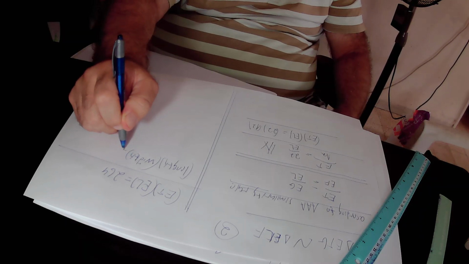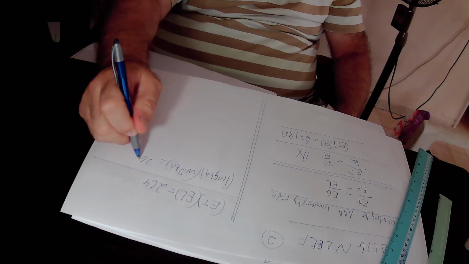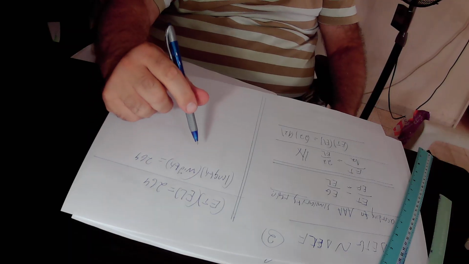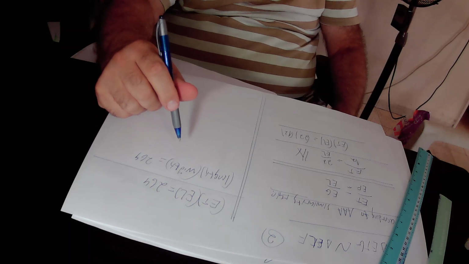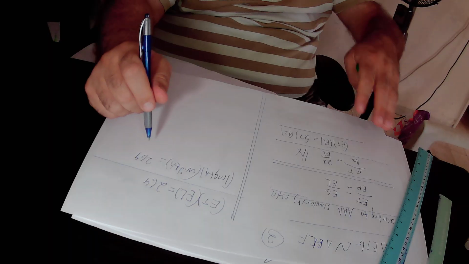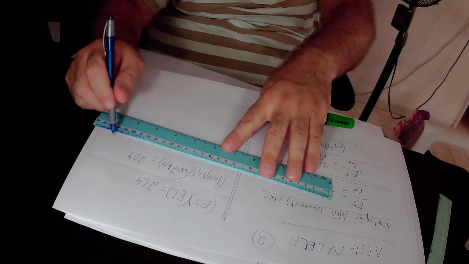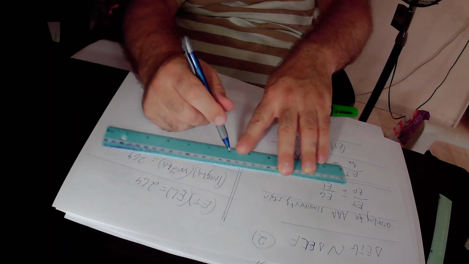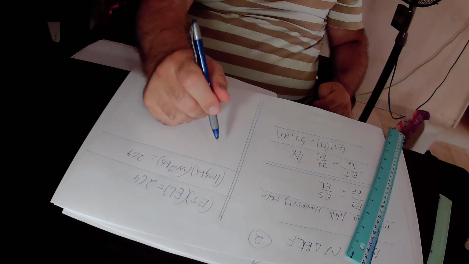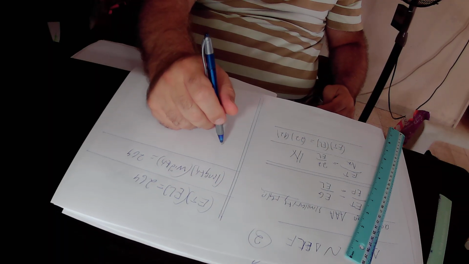And it is equal to 264. So in total, we found out that the length of rectangle ABCD times the width of rectangle ABCD is equal to 264 square units. The length times the width is the area of rectangle ABCD.